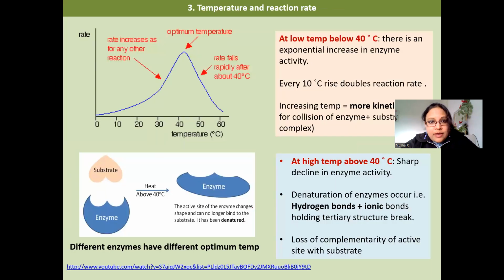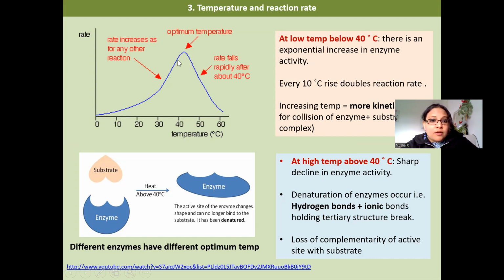So let's take a look at another factor that affects enzyme activity. So that's temperature. So here is a graph. And if we had to describe this graph, there will be three things to describe.